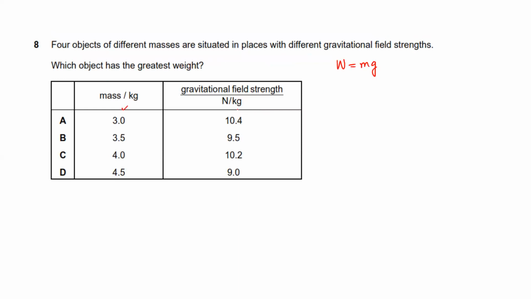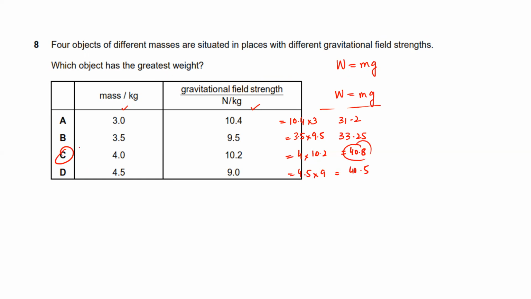We are given the mass and the gravity, so W equals mg. 3 multiplied by 10.4 is 31.2. 3.5 multiplied by 9.5 is 33.25. 4 multiplied by 10.2 is 40.8. And 4.5 multiplied by 9 is 40.5. So the greatest weight is 40.8, and answer C is the best choice.